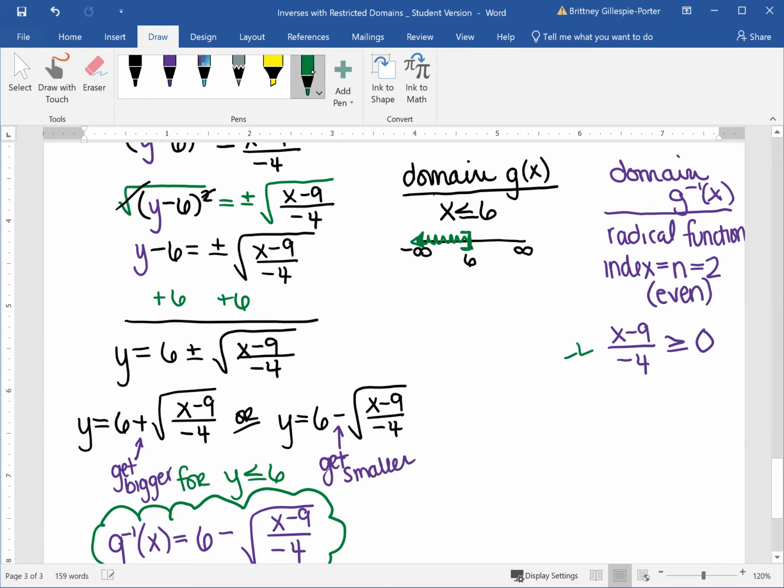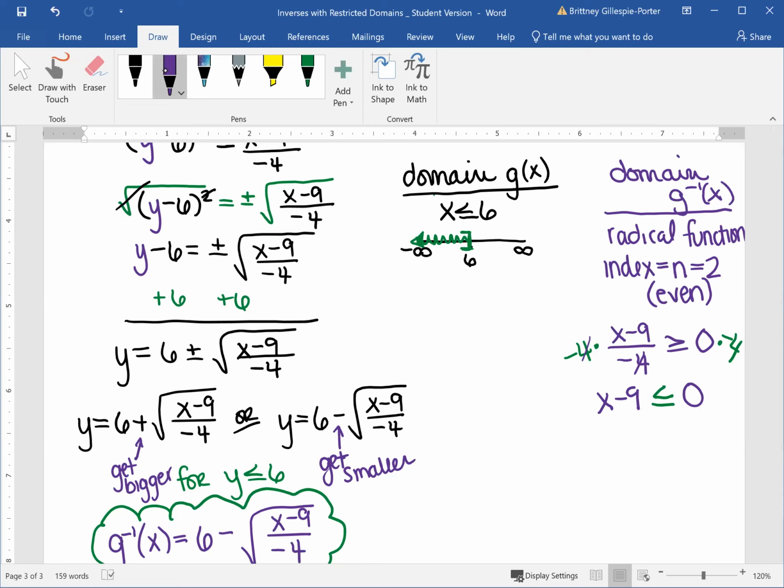We're going to multiply both sides of our equation by -4. And left-hand side, the -4's cancel. We have x minus 9 less than or equal to 0. And you may be wondering why we flipped our sign.